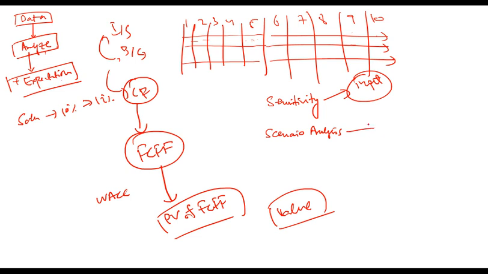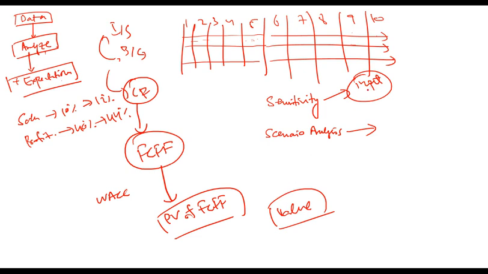Scenario analysis tells you how the value will change if you change more than one input assumption at a time. So for example, I change sales growth from 10 to 12, and at the same time I also change profitability from 40% to 44%. So in this scenario, how will the value change, or what will the value be?